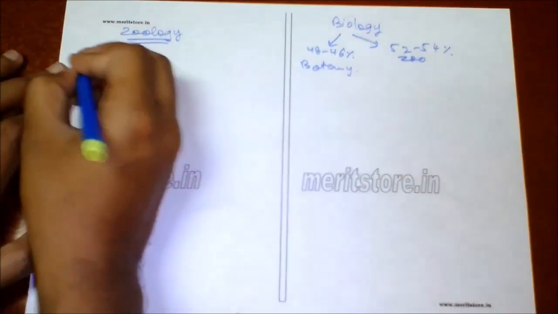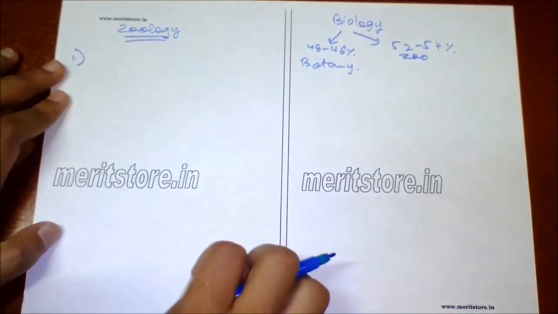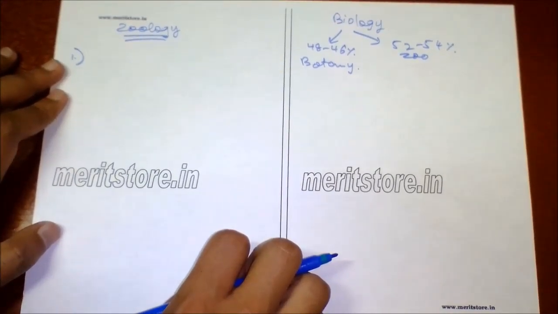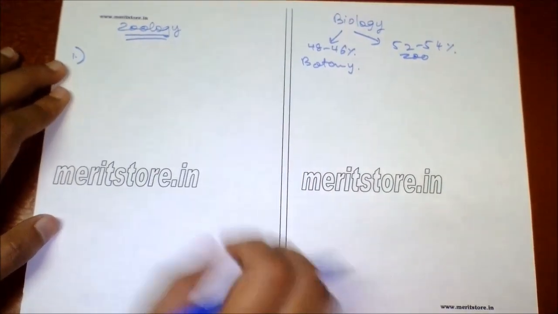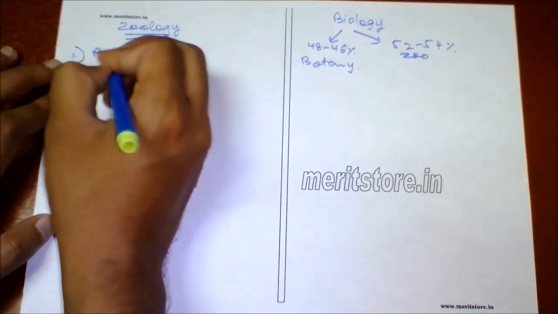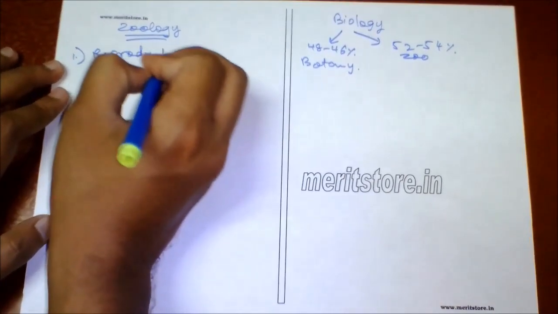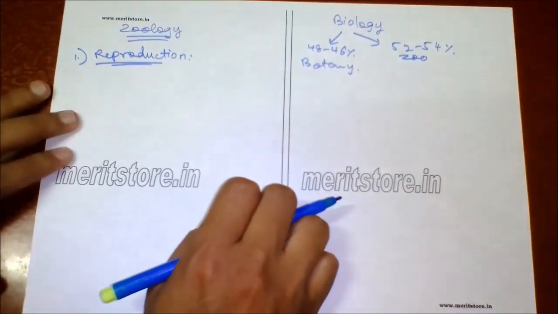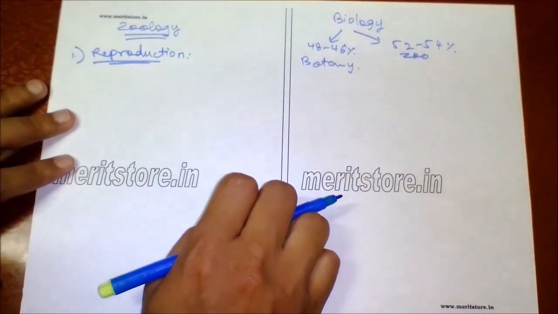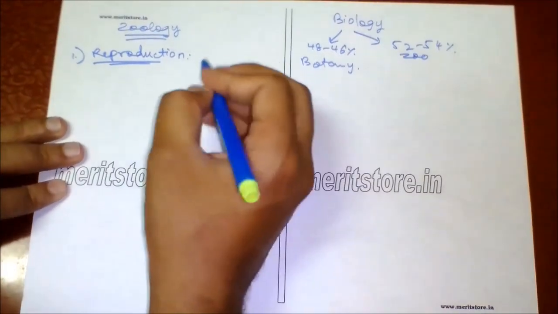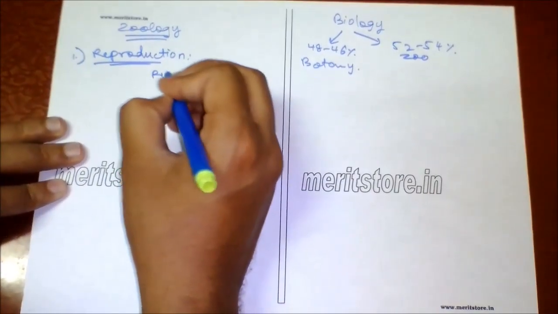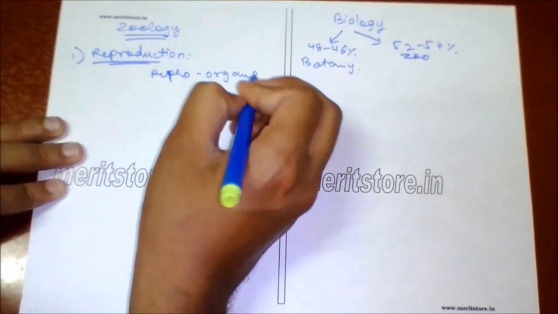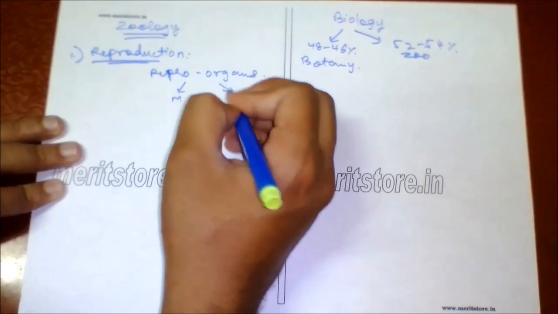In this, as we have seen among the past few years' question papers, the questions repeated from the chapters are like reproduction in human beings and reproductive health care. In reproduction, first of all, you should look at the different reproductive organs of male as well as female.